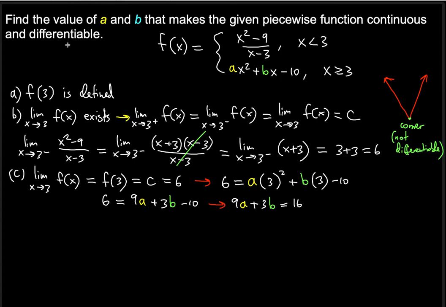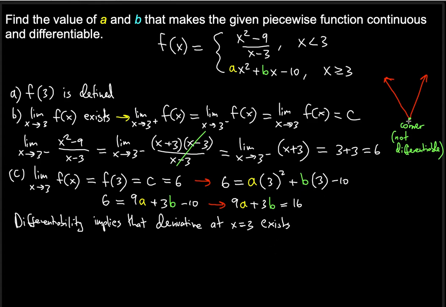However, here we're asked to find values of a and b such that the given function is continuous and differentiable. So they're telling you, make it differentiable. So now we have to think about what differentiability means. Well, differentiability implies that the derivative, right, the instantaneous slope function derivative at x is equal to 3 exists, right?